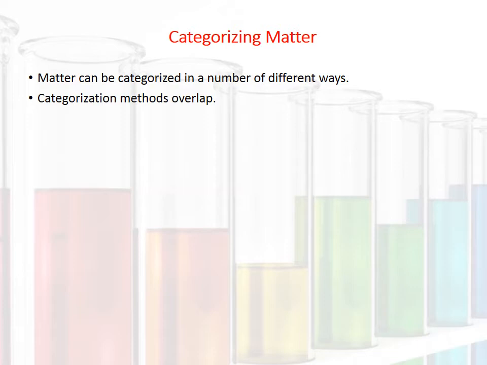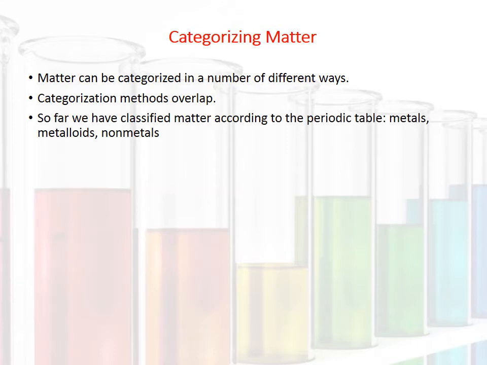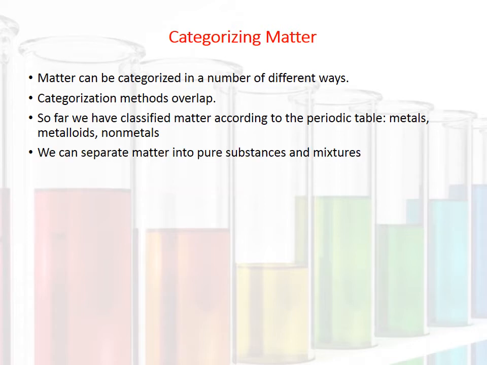And it's the same when we're categorizing our matter. So far, we've classified matter according to the periodic table in those three big classes: the metals, the metalloids, and the nonmetals. A different form of categorization separates substances into those that are pure substances and those that are mixtures.